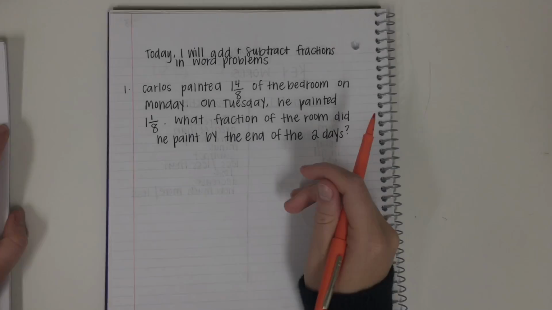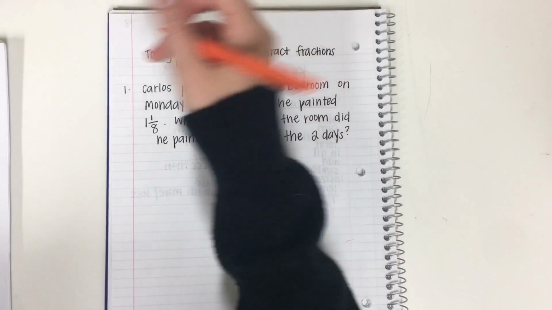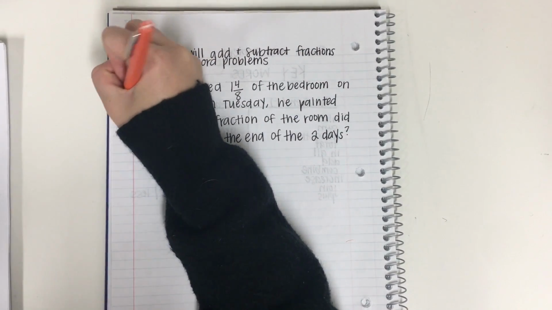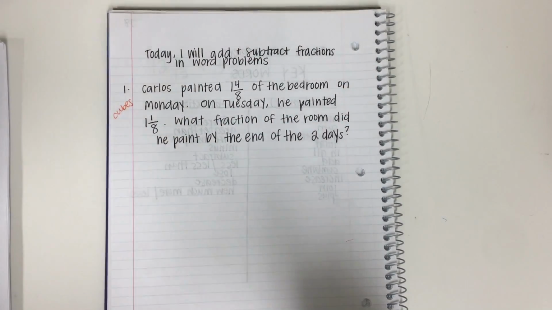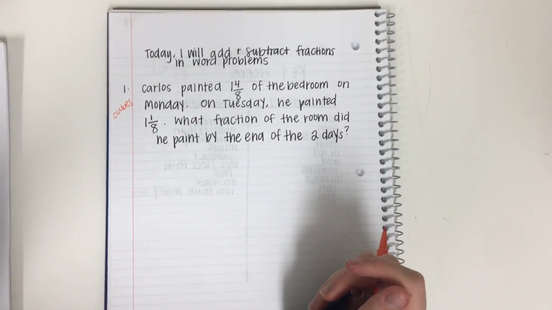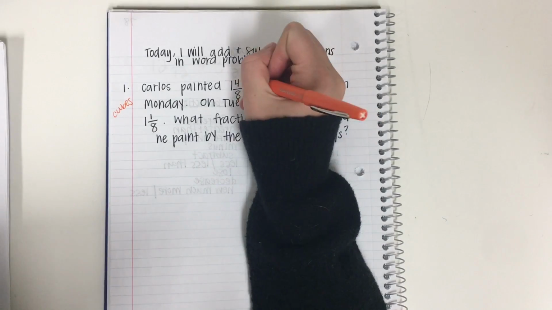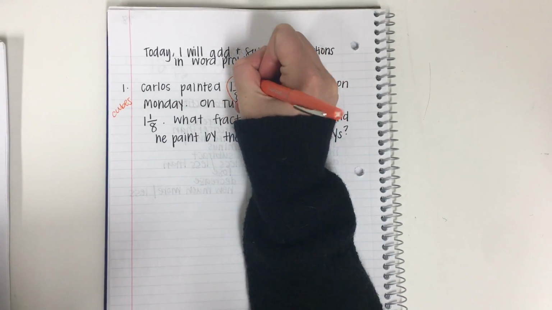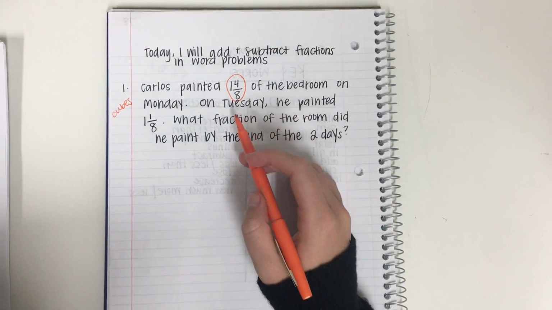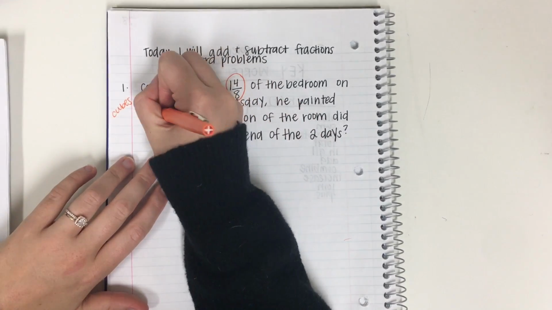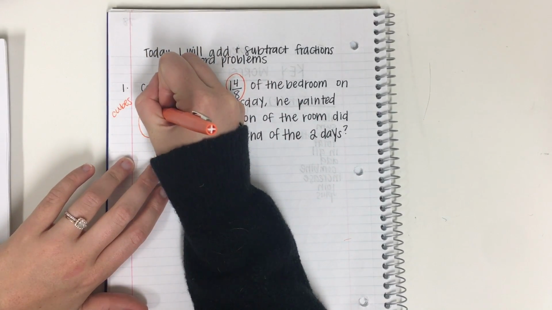So remember, with any word problem, you want to think cubes. So you want to go through and make sure you understand what is happening, okay? So first thing I'm going to do is circle some numbers. So I'm going to circle Carlos painted 1 4/8 on Monday. On Tuesday, he painted 1 1/8.